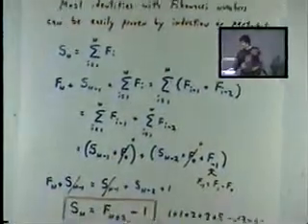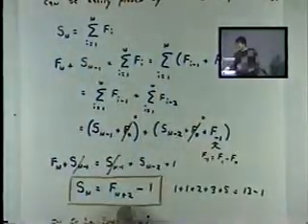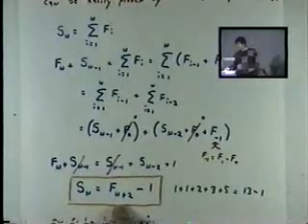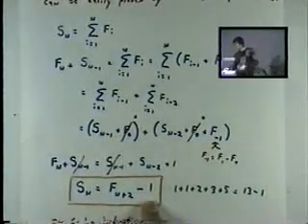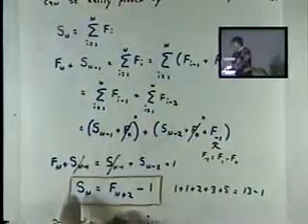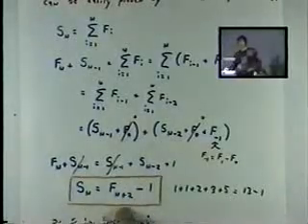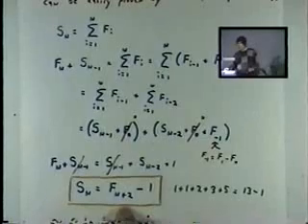Let's now prove that the sum of the first n Fibonacci numbers is the (n+2)nd Fibonacci number minus 1. So sums of Fibonacci numbers can go away and be reduced to one Fibonacci number on its own. How can that be?